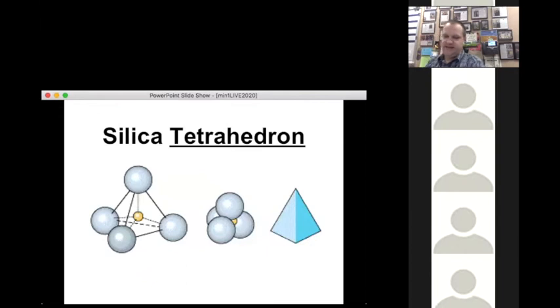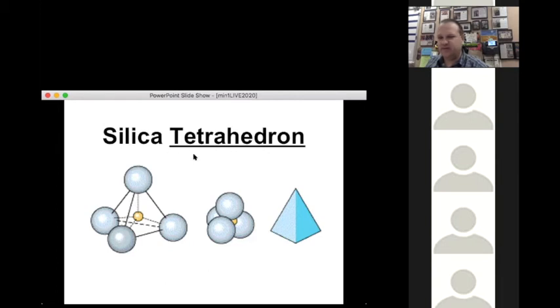Now, we mentioned that it has a silicone and 4 oxygens. And what it makes is a pyramid, like you see on the screen. 1 silicone in the middle, that's silica, and then 4 oxygen. 1 silicone, 4 oxygen. And it always makes this shape.